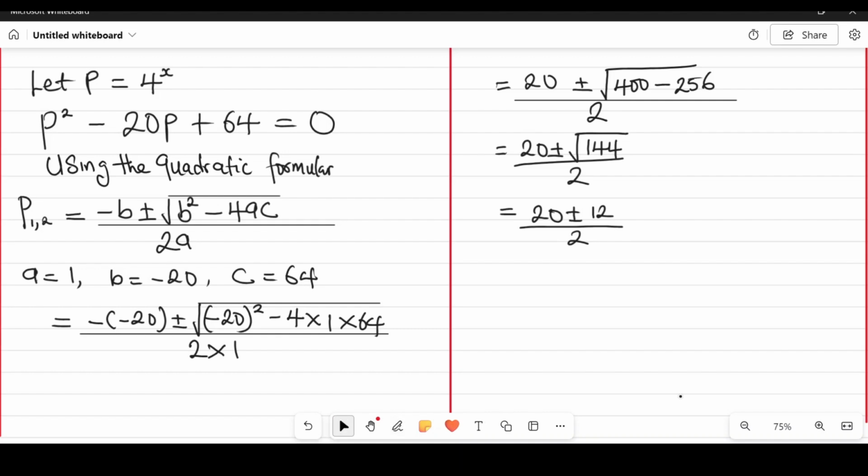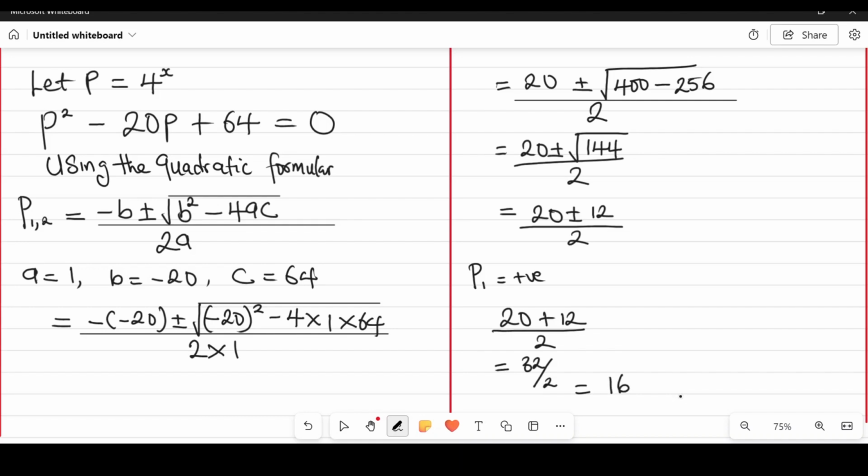So now we are going to have a positive and a negative value. So for p subscript 1, which will be a positive value, we have that 20 plus 12 divided by 2. This will be equal to 32 divided by 2. This is equal to 16.